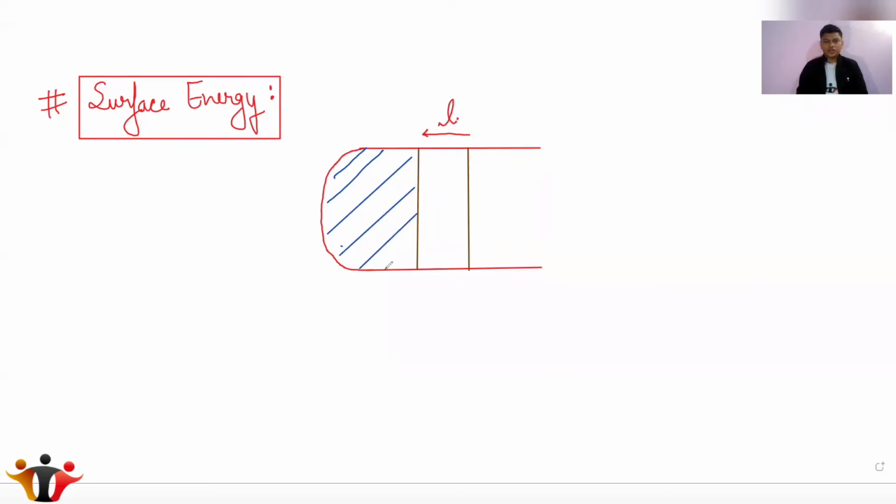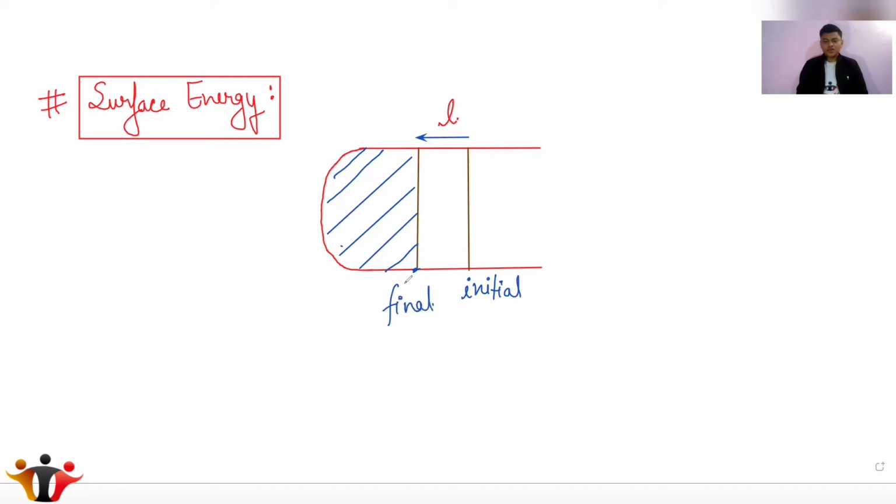Now if this much is our only film, we have understood that there is a contraction of total length L. Suppose this length is L up to which it has contracted. This was the initial position of the slider, and this is the final position.